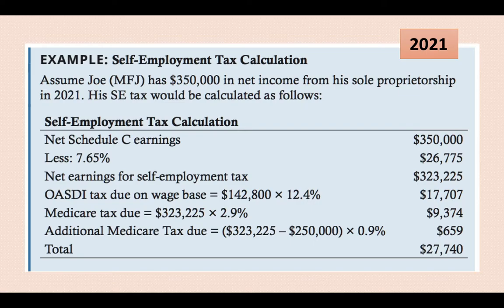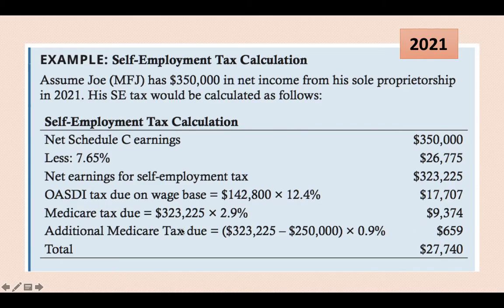Social Security is 6.2% for employer, 6.2% for employee, so total is 12.4%. You multiply this, and anything above $142,800 you will not be taxed. So your Social Security tax is only $17,707. So that's Social Security.